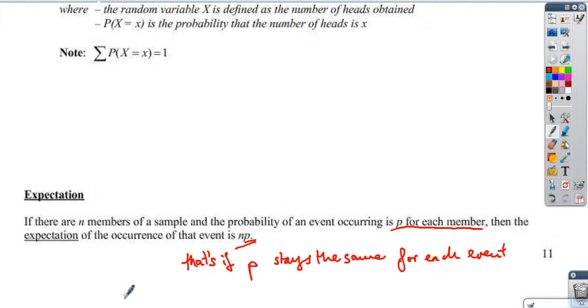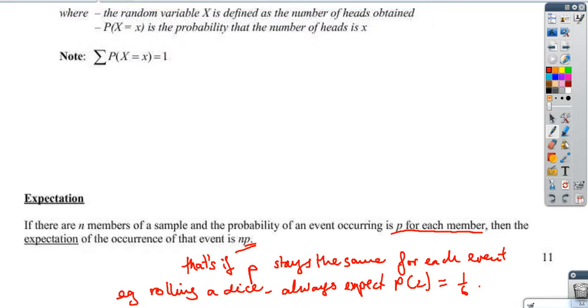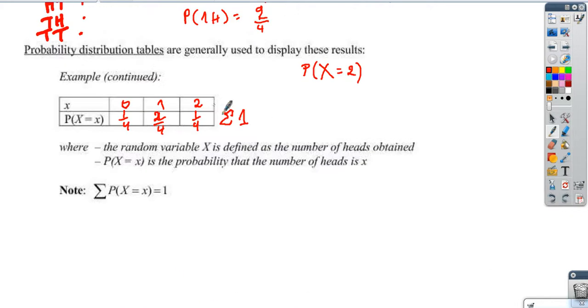For example, rolling a dice, I will always expect that p of 2, the probability of obtaining a 2 on the dice, is 1/6. This won't change. Whereas in my example with the heads up there, you can see the probability changes from one to the other.